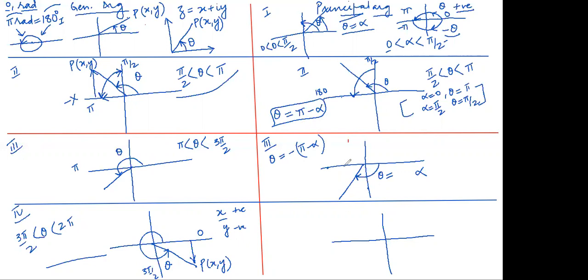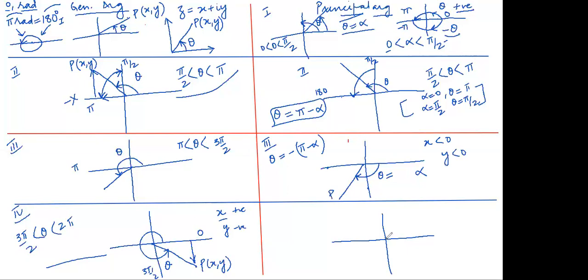You can practice it by putting different values of alpha. You will see theta lies between pi and 3 pi by 2. Also, x is less than 0 and y is also less than 0. This is point P.